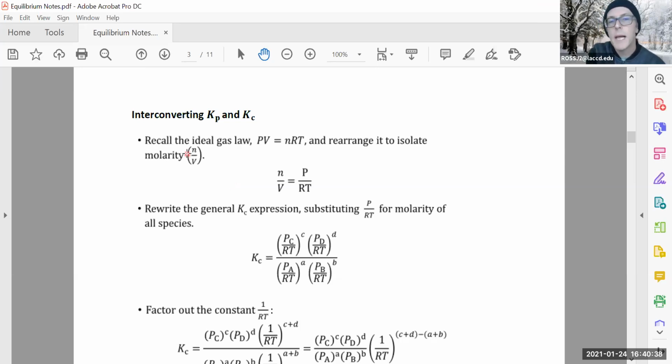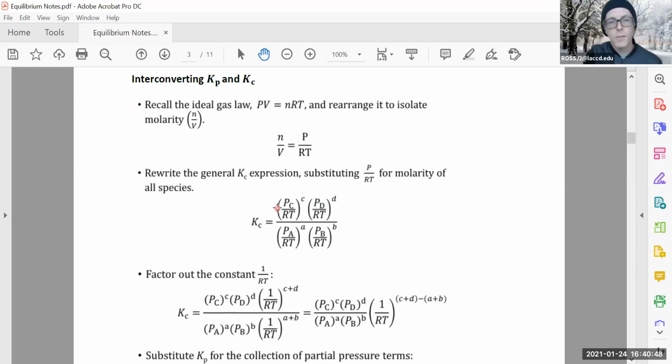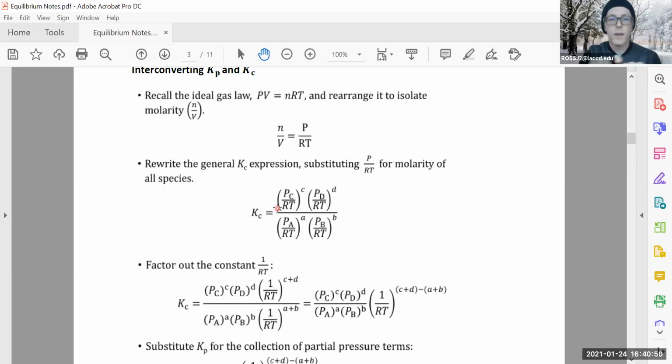So we know that molarity, if we solve for n over V, moles per unit volume, is the definition of molarity. So molar concentration is moles per unit volume, which is pressure divided by the ideal gas constant times temperature.